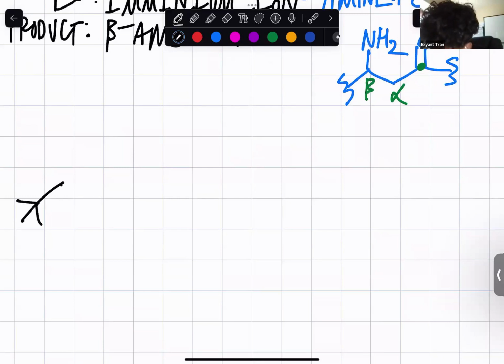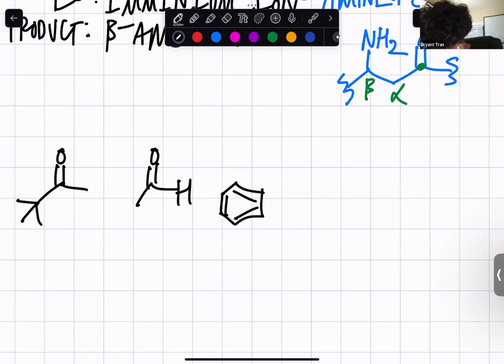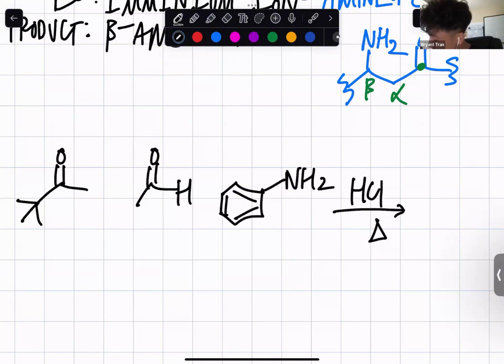Let's say we have these three reactants. And we react them in acidic conditions with heat. And you can see alcohol there as well as the solvent.